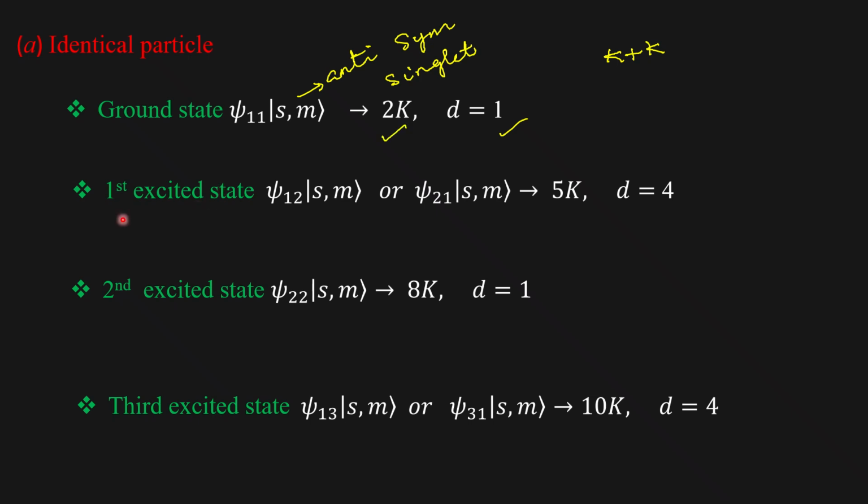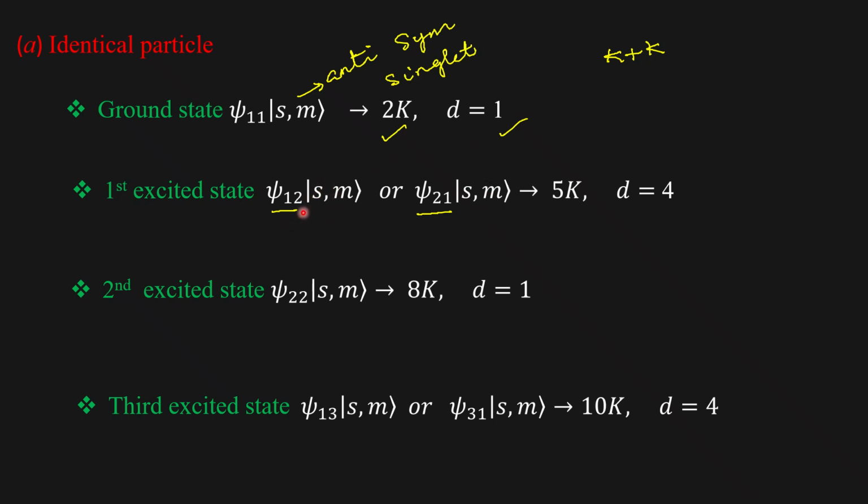Then what about the first excited state? The first excited state is psi 1 2 ket s comma m or psi 2 1 ket s comma m. But these are identical particles, so there is no difference between psi 1 2 and psi 2 1. Both are the same because they are identical.